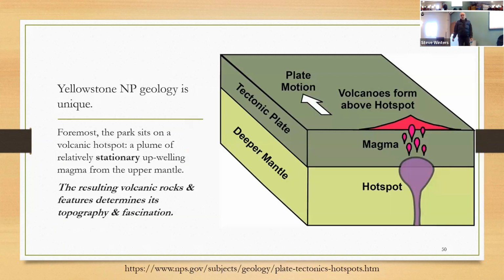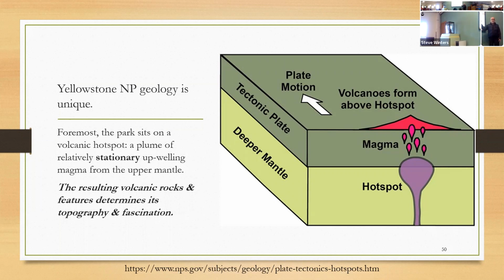The main point about Yellowstone National Park geology is that the park sits on what's called a hotspot. The thing to remember about a hotspot is that it's a plume of magma shooting up from probably the upper mantle. And the plume shoots through the crust, makes a hotspot, but the position of that plume is quite stationary.